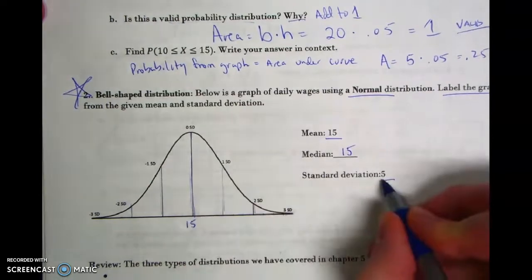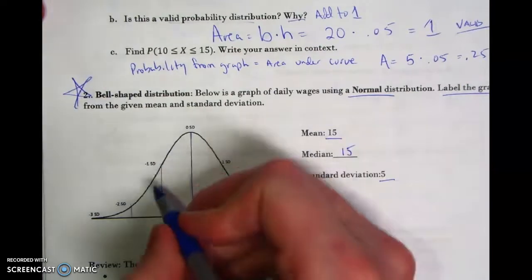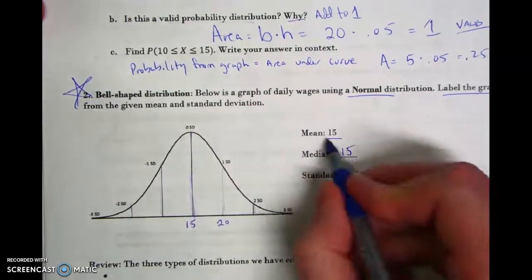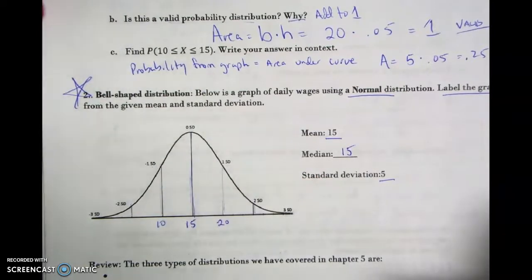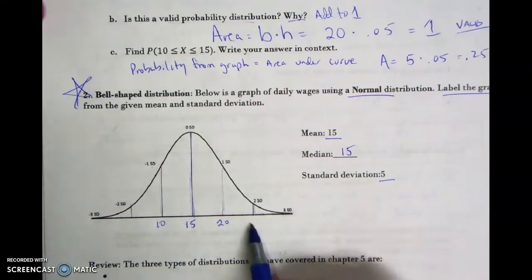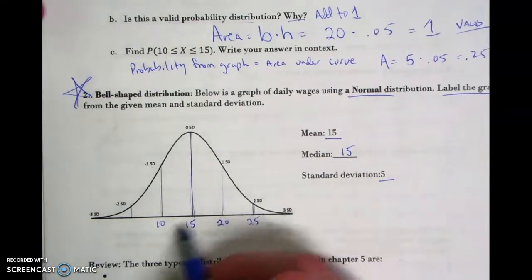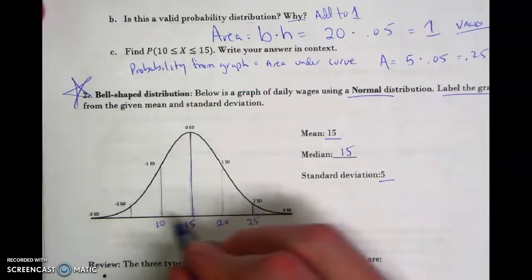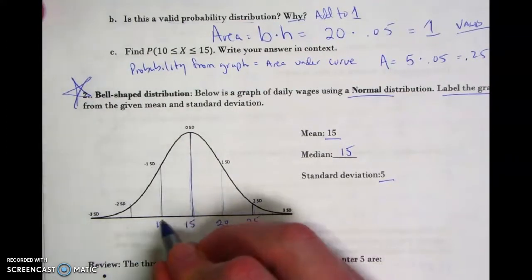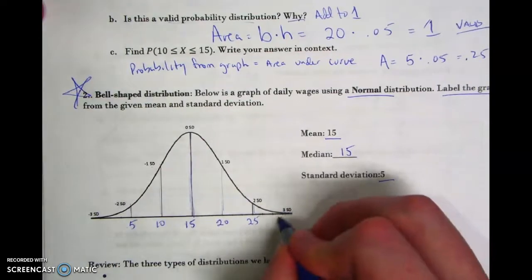So 15 plus 5 is going to make this 20. Or if we go the other way, minus one standard deviation, 15 minus 5 is going to be 10. And then we label this next here. We go another 5, 25. This is going to be minus 2 standard deviations, so 15 minus 10 is 5. Go out.